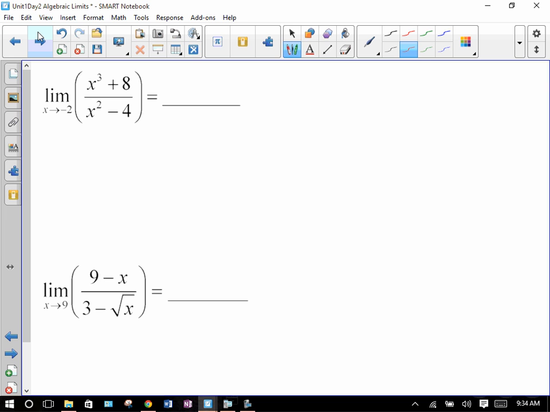Here is x cubed plus 8 over x squared minus 4. What happens if we substitute in here?